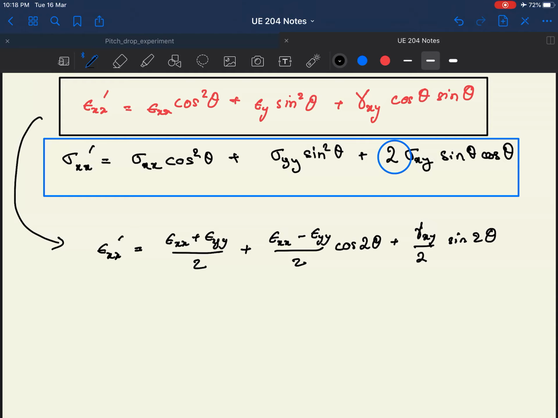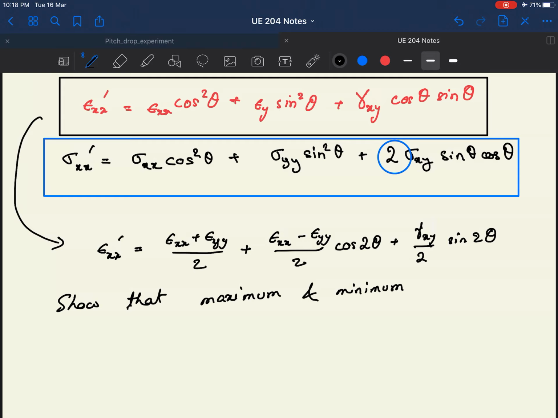Now a couple of things I'm going to leave out for you, which is to show that the maximum and minimum, which are basically the principal strains for the system.